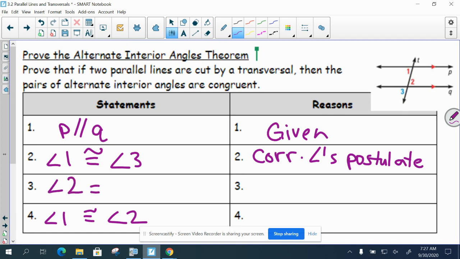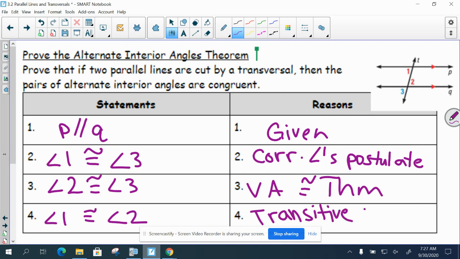So angle 2 is congruent to angle 3 because of the vertical angle congruence theorem. That's the short way to write it out. And then for step 4, you would just use the transitive property. Usually substitution we wouldn't use here, because substitution is for equations, and this is congruence, not technically an equation.